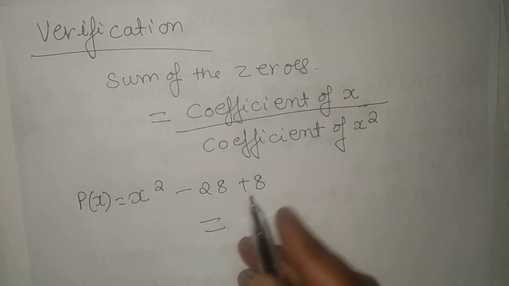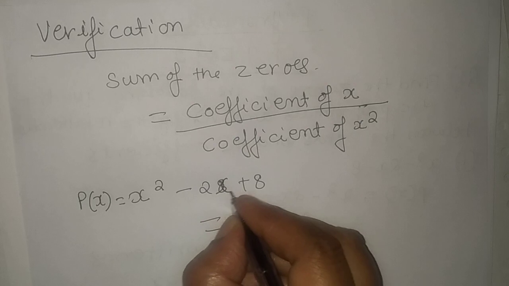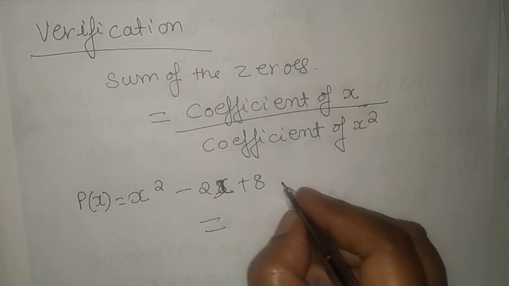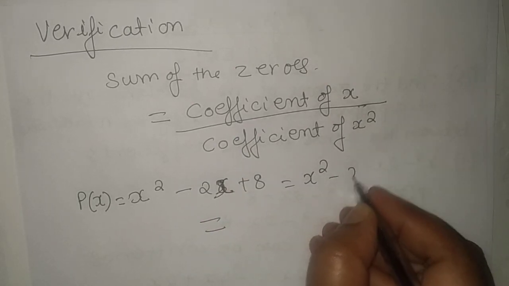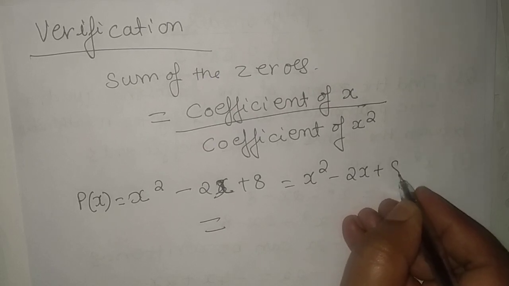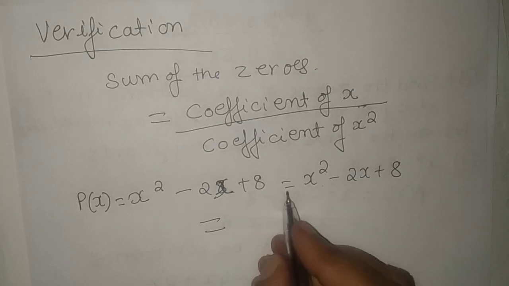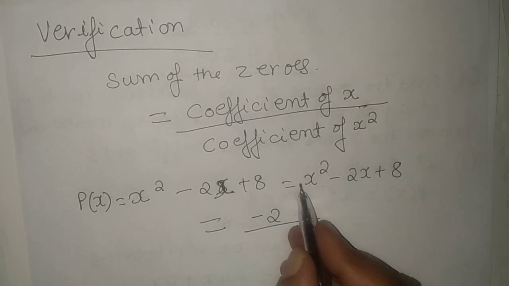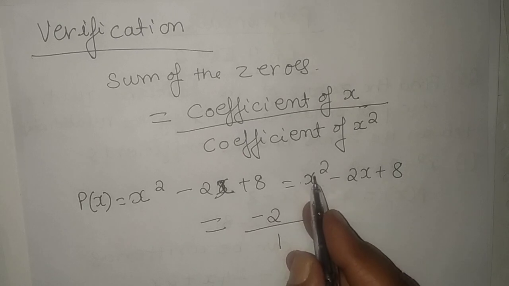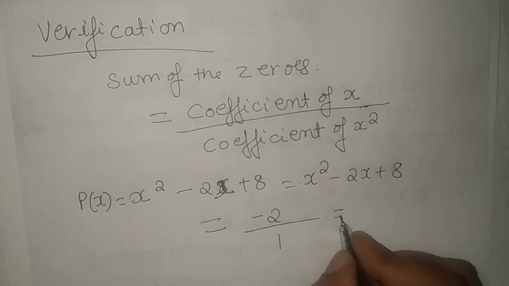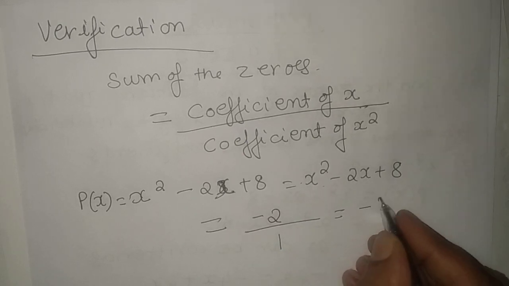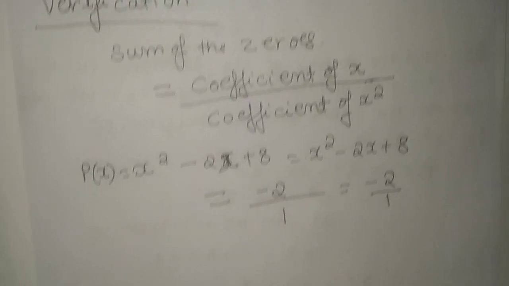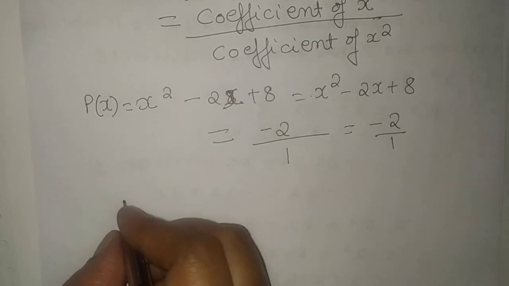Then substitute: coefficient of x is minus 2 and coefficient of x square is 1, so nothing written is assumed as 1. Then we get minus 2 by 1. So this is the sum of zeros.